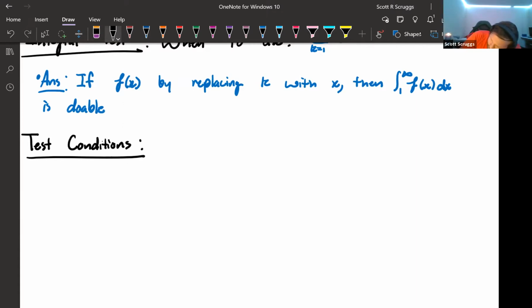First, let's go ahead and make some notes. I formed the function f of x by replacing everywhere I saw the index k with the variable x.